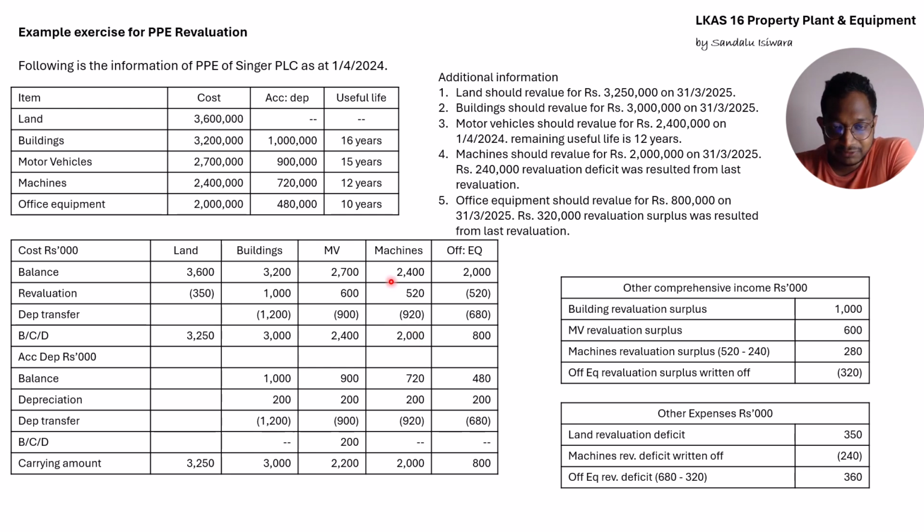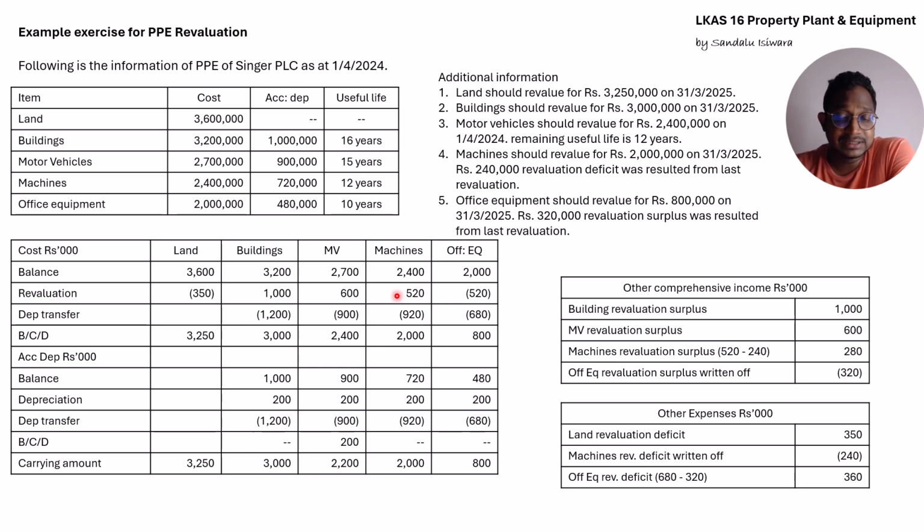So here 1,480,000 worth of machines you are revaluing for 2000. So there is a revaluation surplus of 520. If you were getting this revaluation surplus the first time, you should record this total 520 in other comprehensive income.